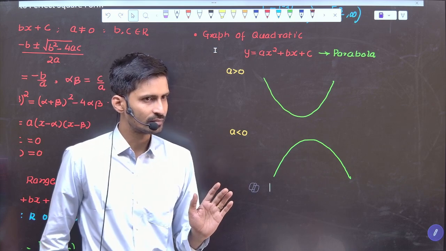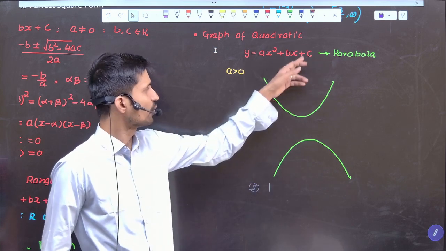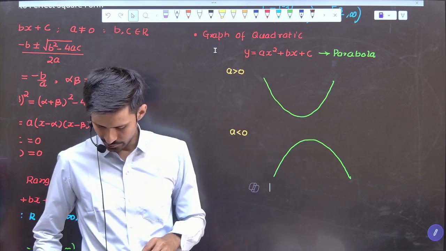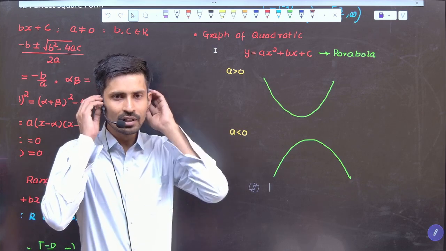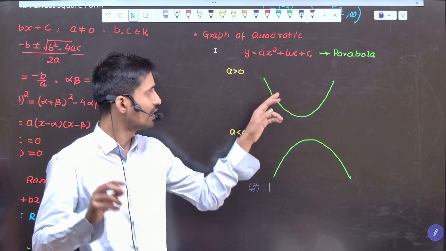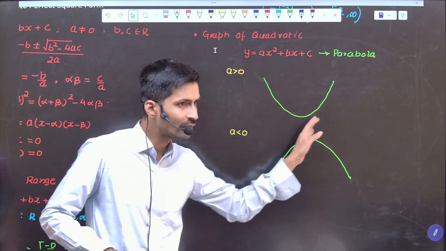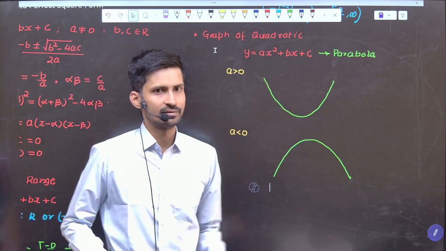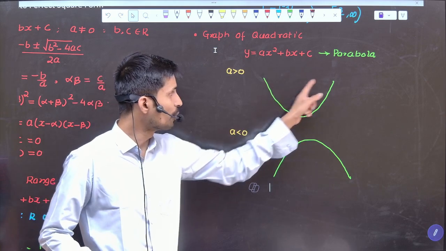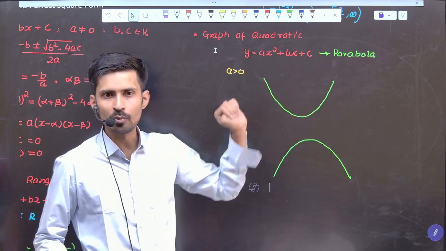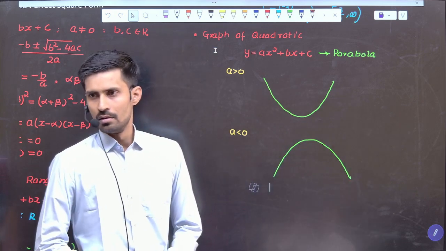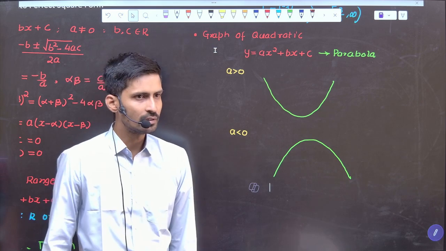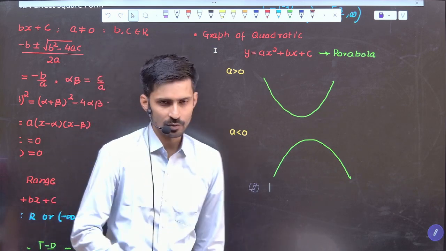And for any quadratic, there are two types of graph. How to check both graphs? By checking the sign of a. When a is positive, the parabola will be opening upward. When a is negative, the parabola is opening downward. Is it clear? No problem? Write it down.